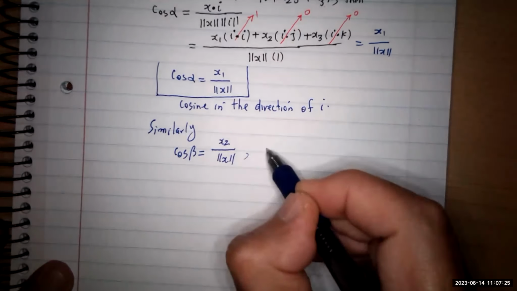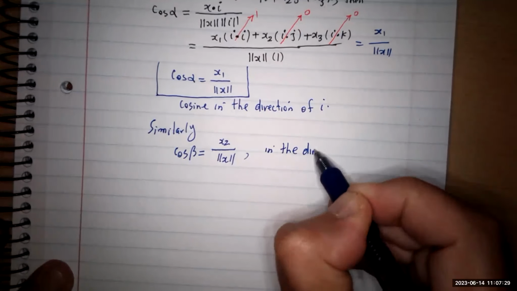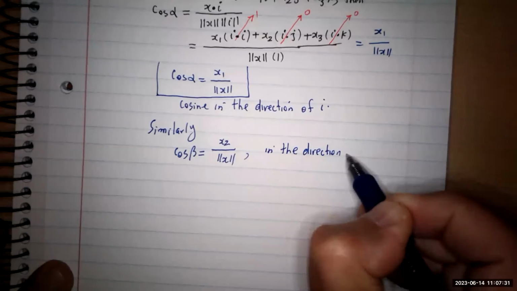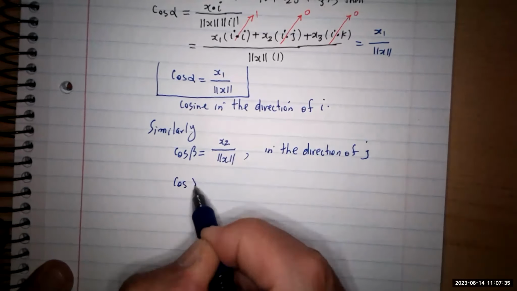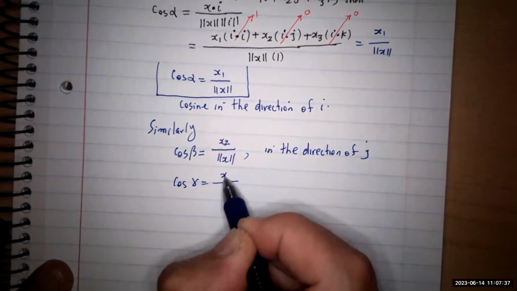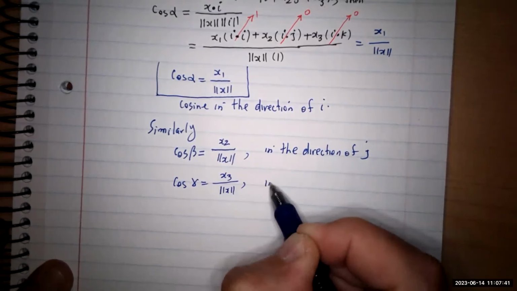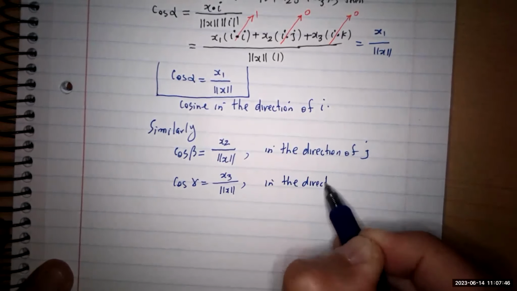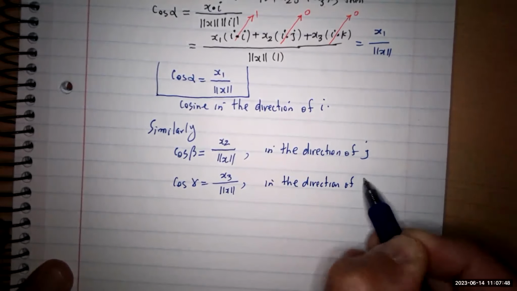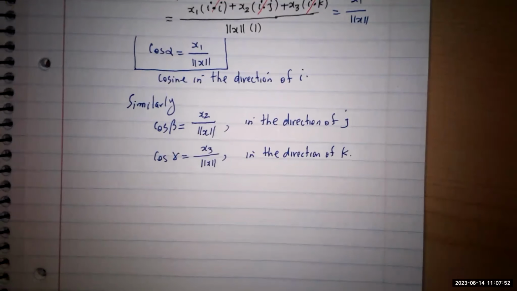And in the direction of k, they usually go with gamma, which is going to be x3 over norm x. Okay, if you like formulas.